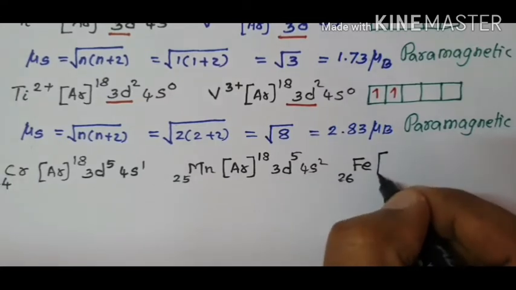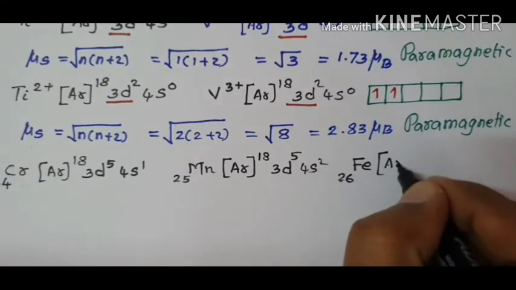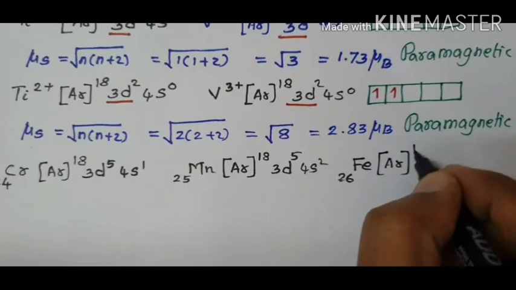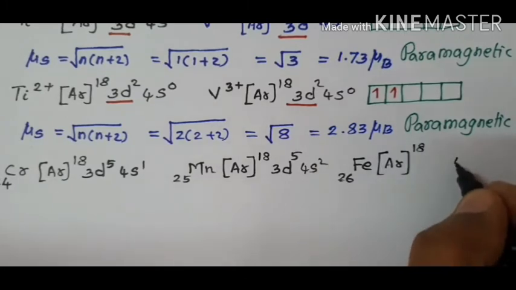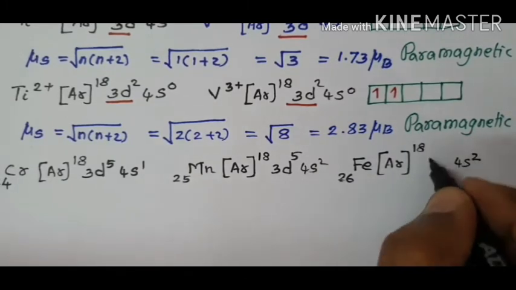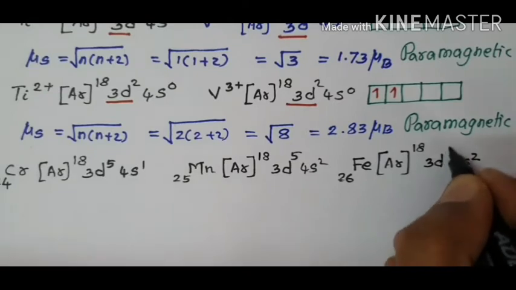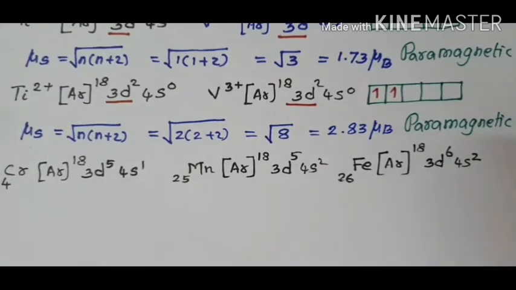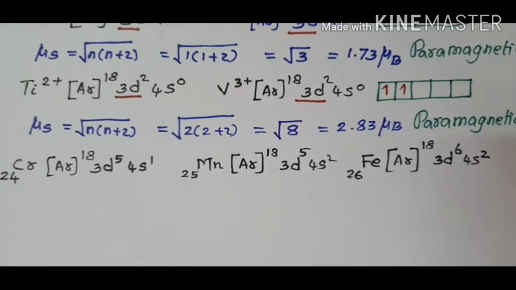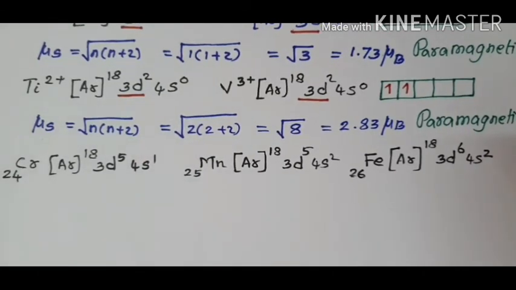The electronic configuration of iron atom is argon 18, 3d6 4s2. These are the electronic configurations of atoms. Now we are going to write the electronic configuration of required ions.